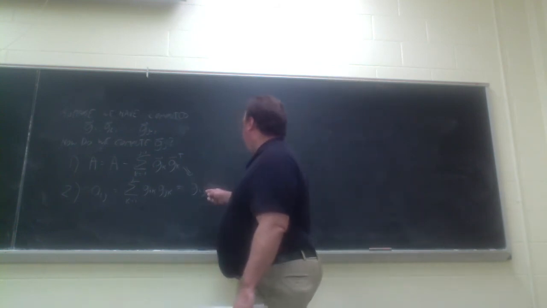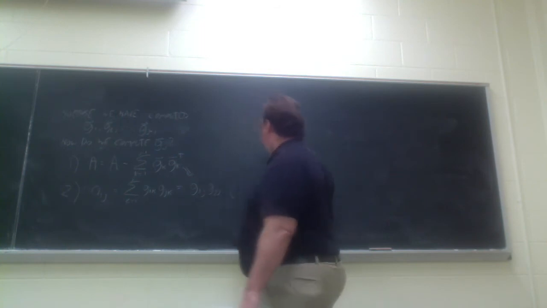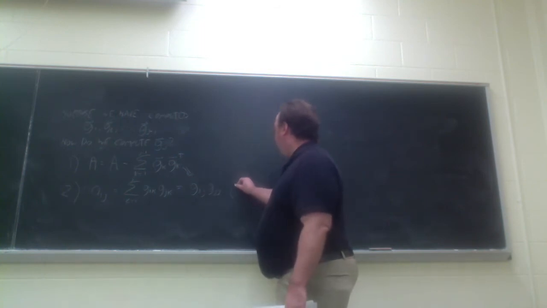Now keep in mind, G is lower triangular. So I only care about the case where the row is greater than or equal to the column, I greater than or equal to J.